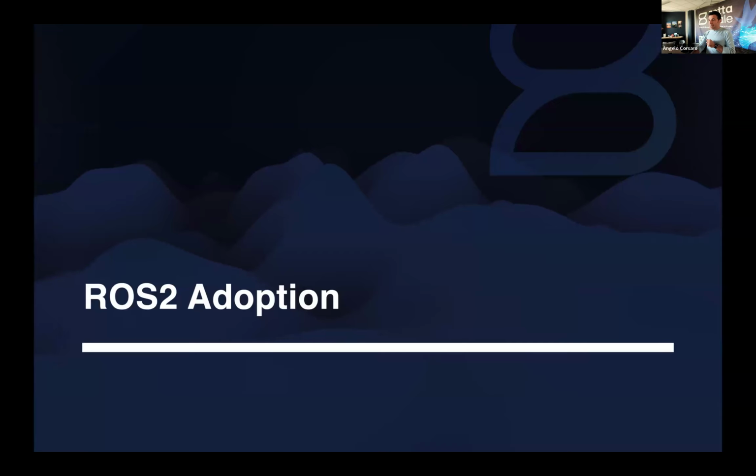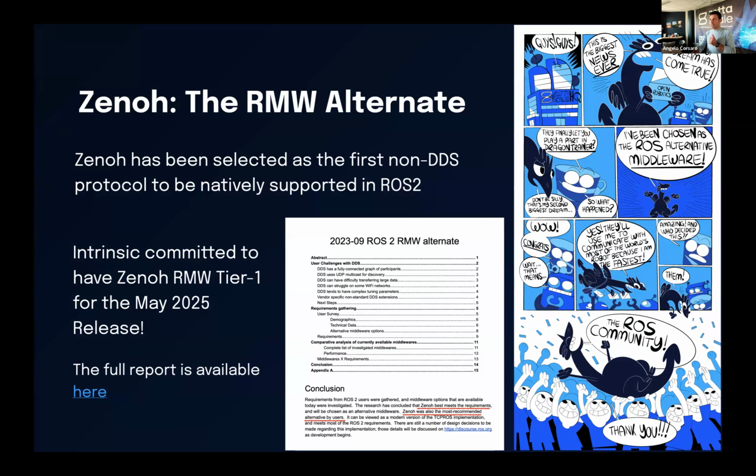Okay, let's talk a little bit more about robotics. It was mentioned in the intro that Zenoh has become very popular within the ROS community. And actually, that was because of some challenges that people were having with DDS when running on a wireless network. DDS was actually designed for fixed networks, okay?